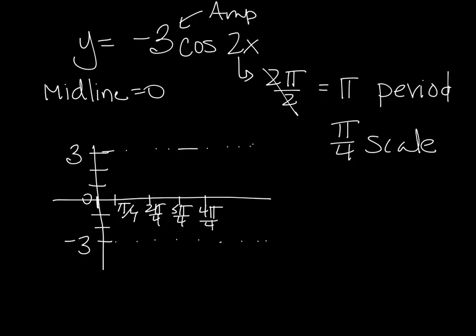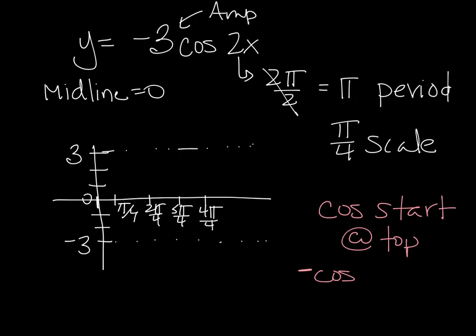Okay, so we look up there and we say, hey, cosine makes that U shape. So usually cosine starts at the top, but this is negative cosine, and that negative flips it over. So that's going to start at the bottom. So my first point's not positive 3, like it would be if it was positive cosine.